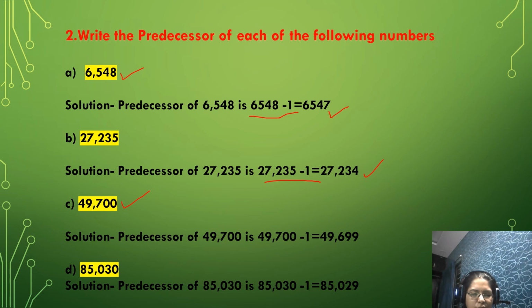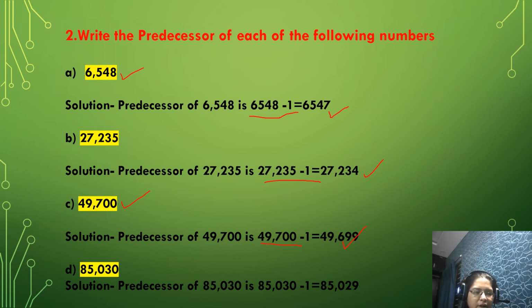Just subtract 1 from this number. 49,700 minus 1 is 49,699. So what will the before number of 49,700 be? 49,700 minus 1. We just have to subtract 1 from 49,700. So we get 49,699.